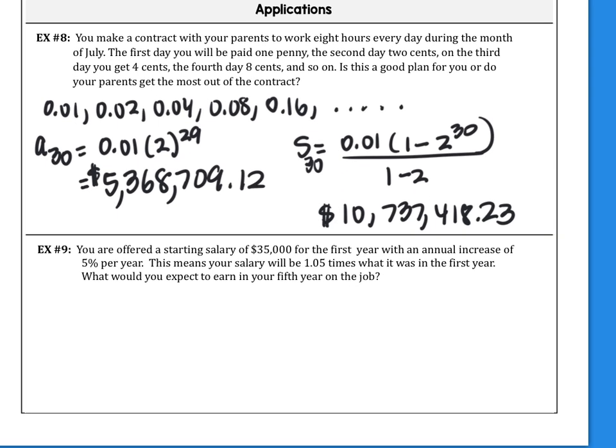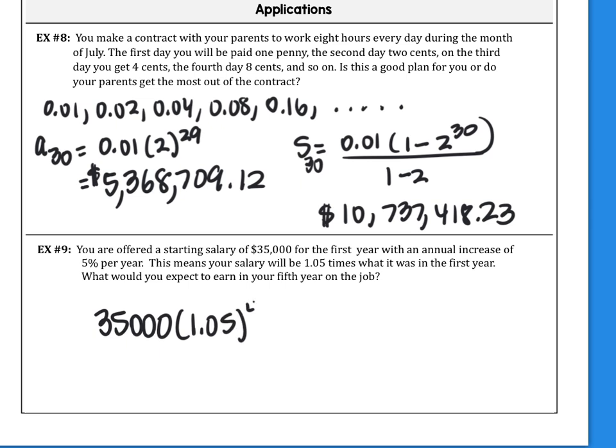And then the last one here, you're offered a starting salary of $35,000 for your first year with an annual increase of 5% a year. That means your salary will be 1.05 times what it was in your first year. What would you expect to earn in your 5th year on the job? Okay, so let's see, you're starting with $35,000, and then 1.05 is going up by that each year.